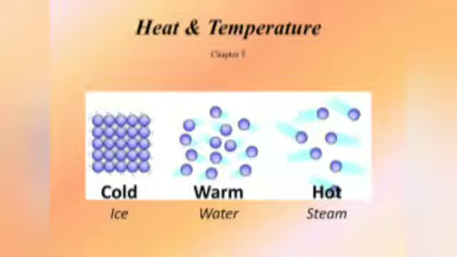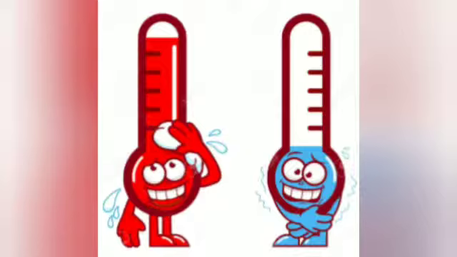When the molecules vibrate or move faster, it increases the kinetic energy of the object, and the temperature also rises. In the same way, when we heat up an object, the temperature rises along with the kinetic energy.